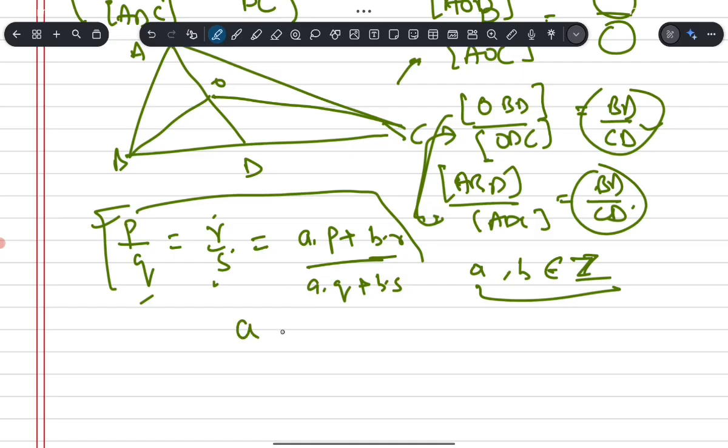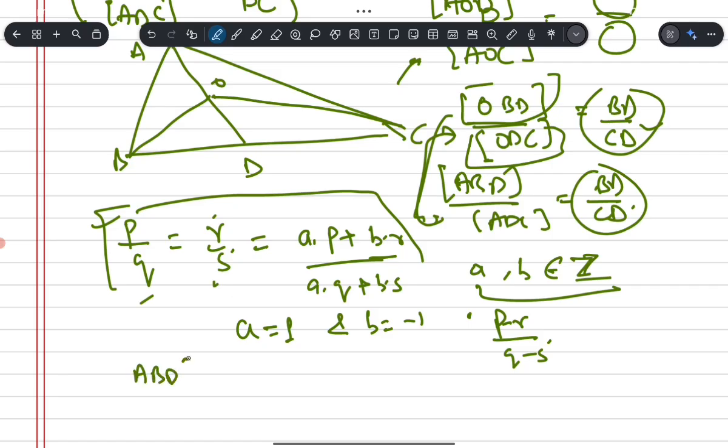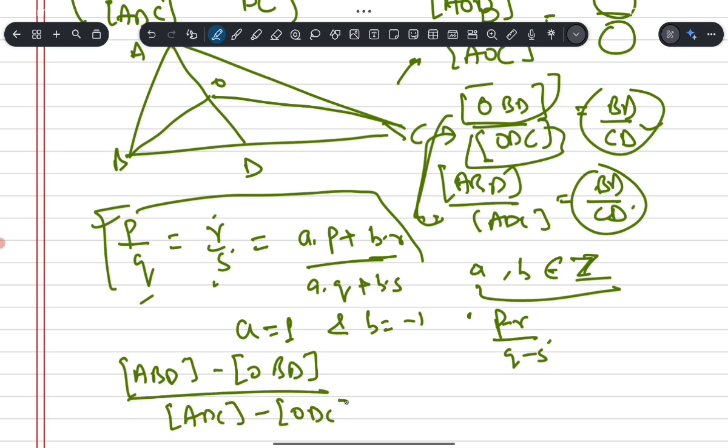So if I put A equals 1 and B equals -1, I'll end up with P minus R by Q minus S, right? So P for us was this, Q for us was this, and this was R, this was S. So if I do that, I'll get ABD minus OBD by ADC minus ODC.